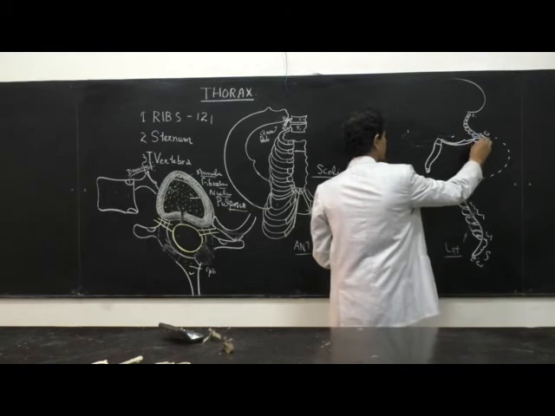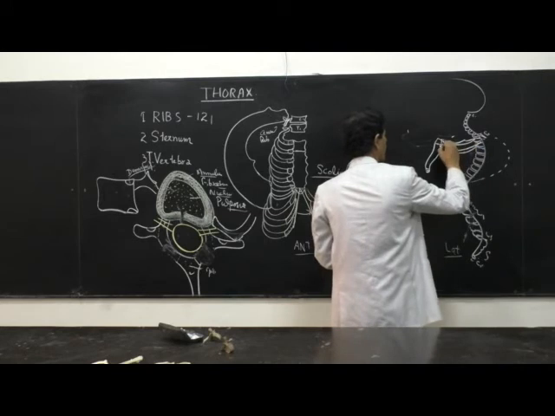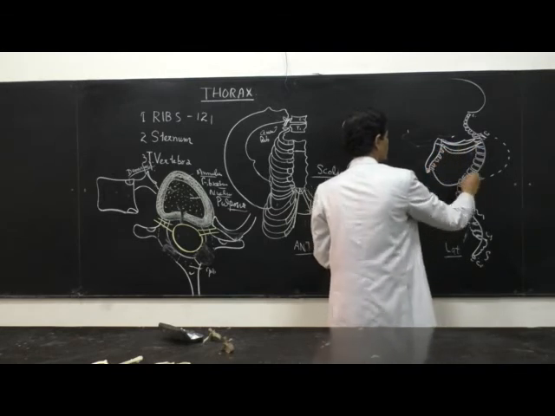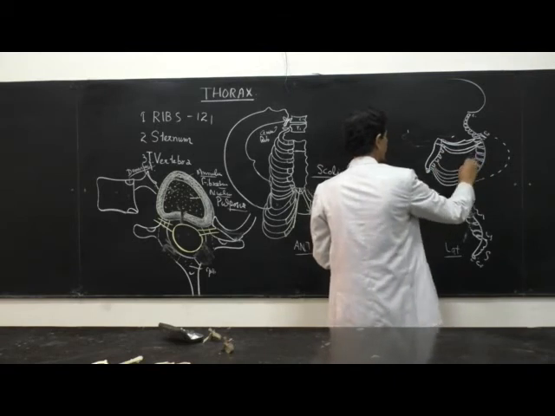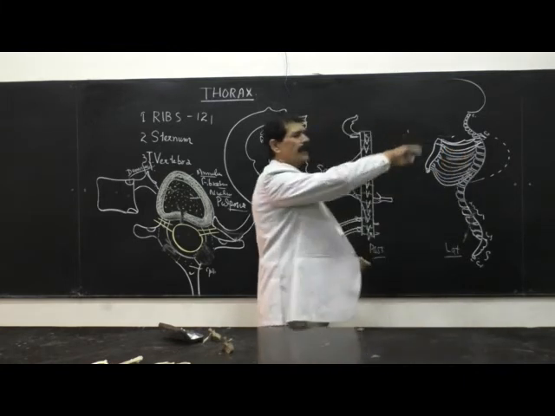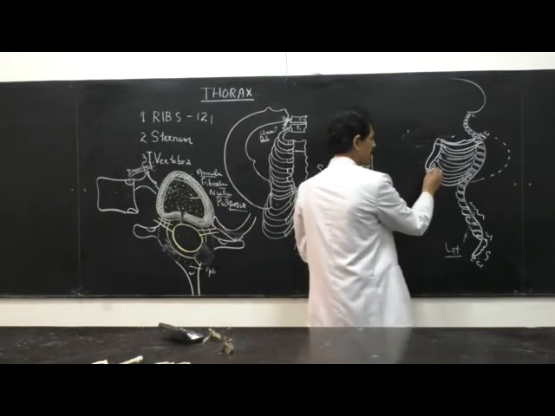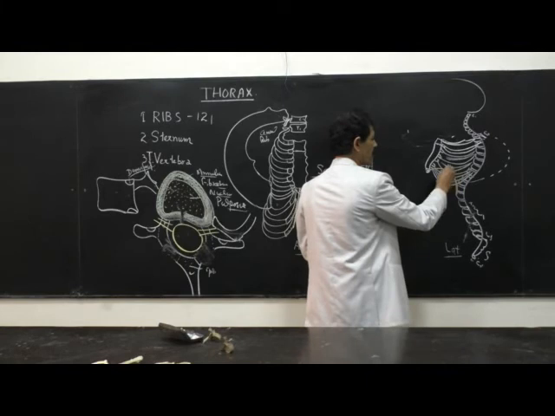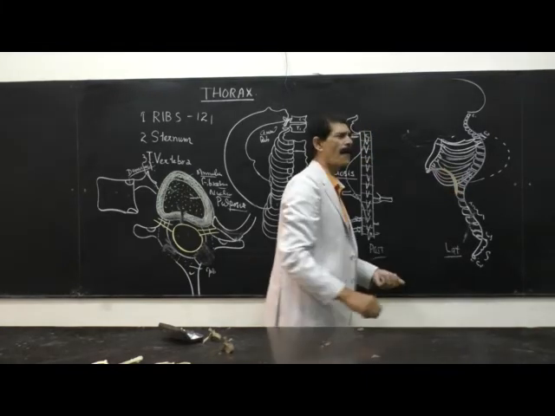Then the second rib, third, fourth, fifth, sixth, and seventh. So this is how you have to make the lateral view of the thorax. All ribs are obliquely placed, and inferiorly this thoracic cage is closed by a concavo-convex sheet of muscle fibers called the diaphragm.